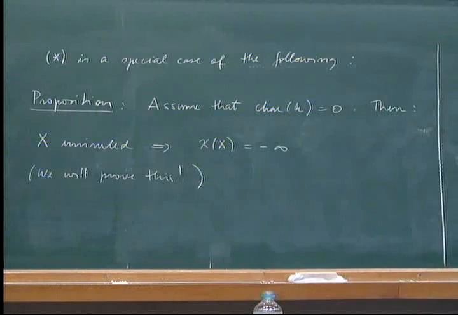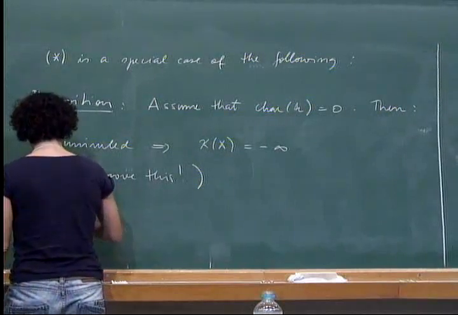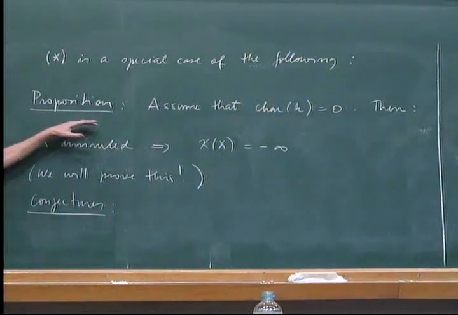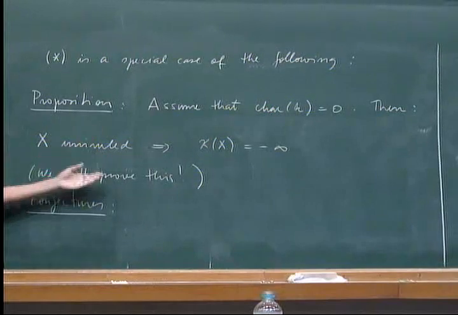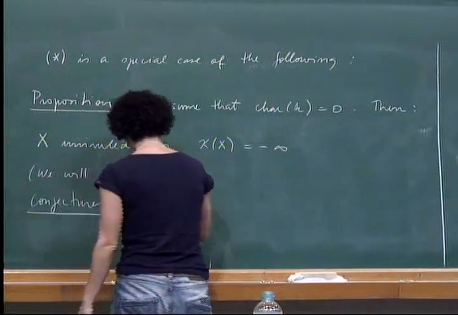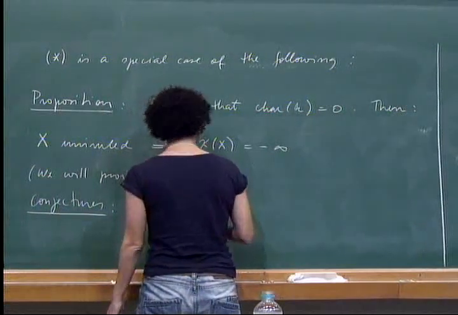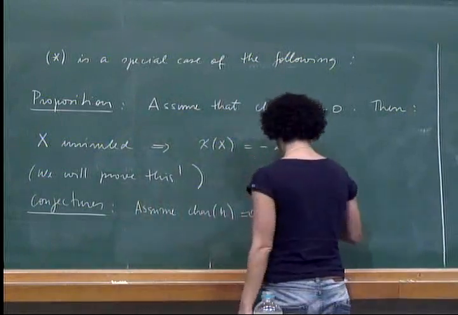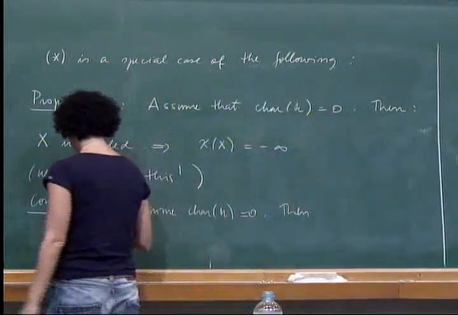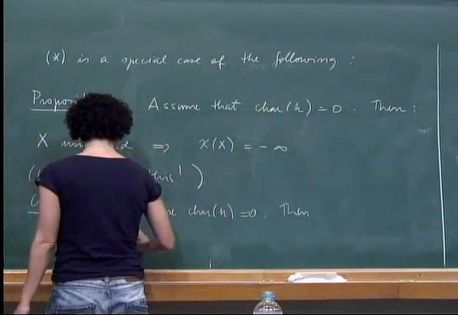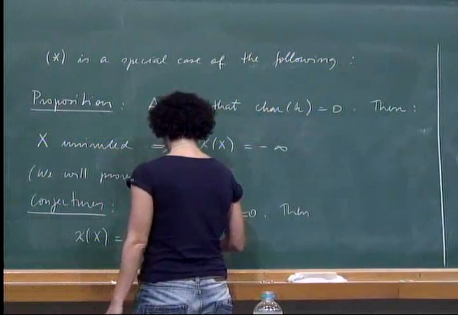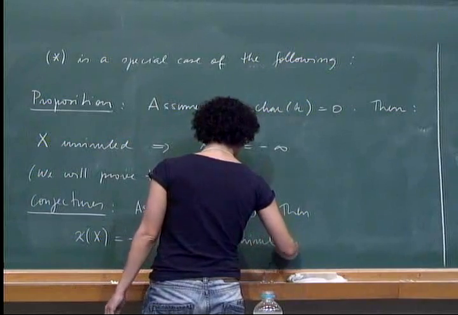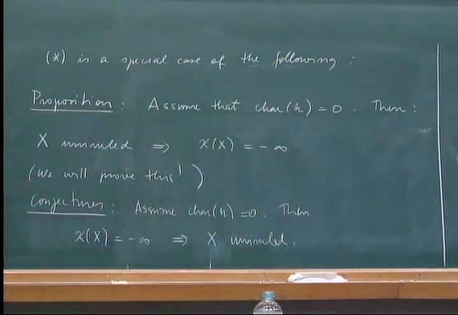And conversely, we have the following conjecture. So this is one of the most important conjectures in this area, that, again, in characteristic 0, the converse also holds. Then if the Kodaira dimension of X is negative, then X is supposed to be uniruled. Now this would be very nice.